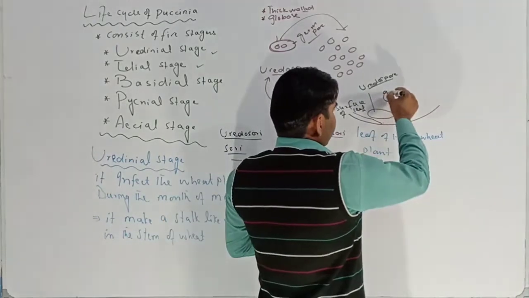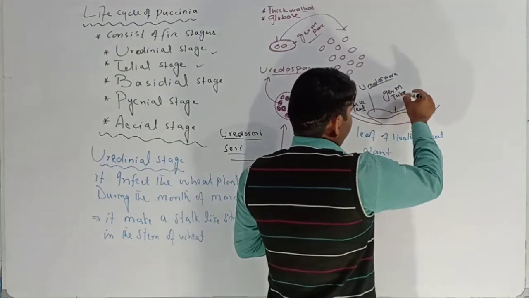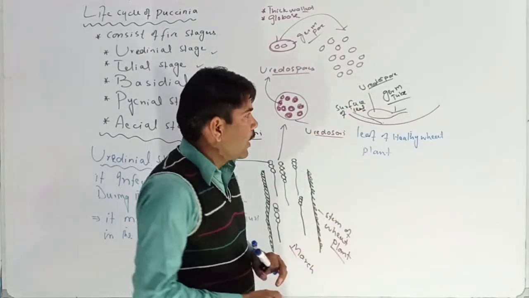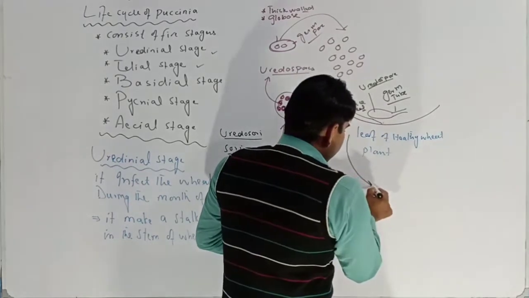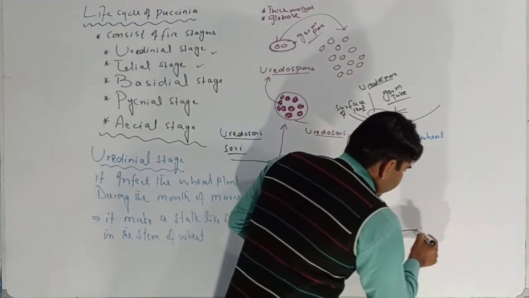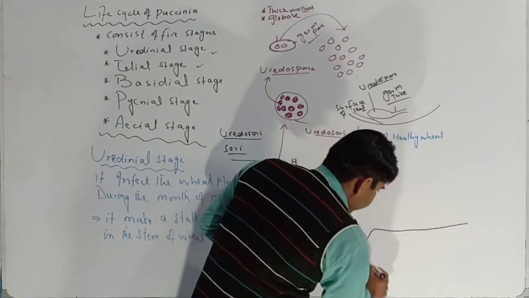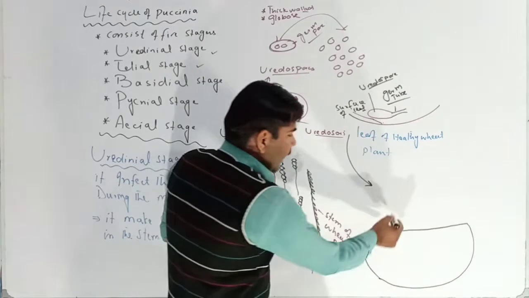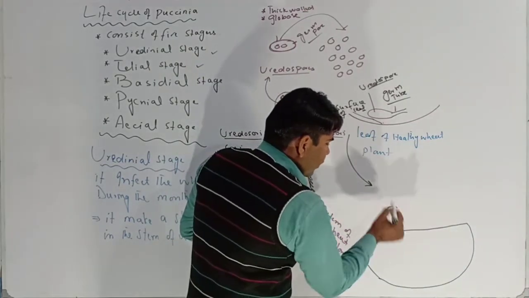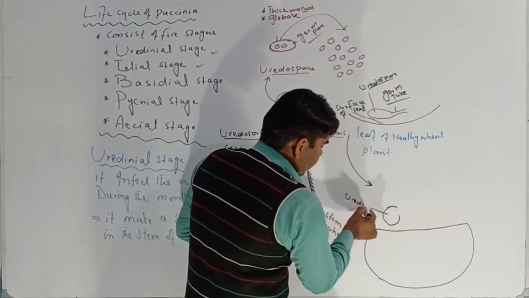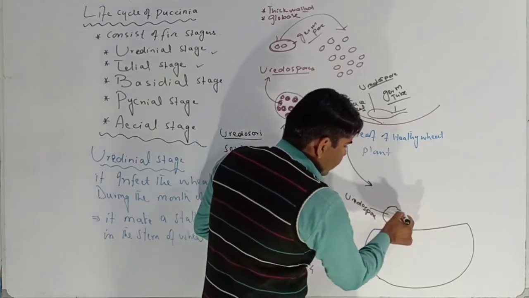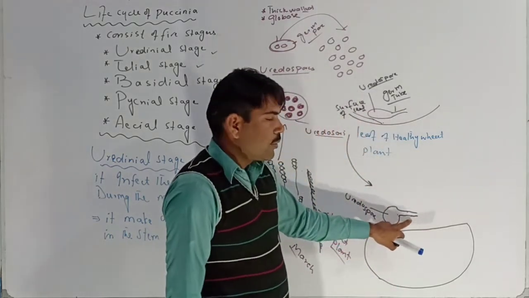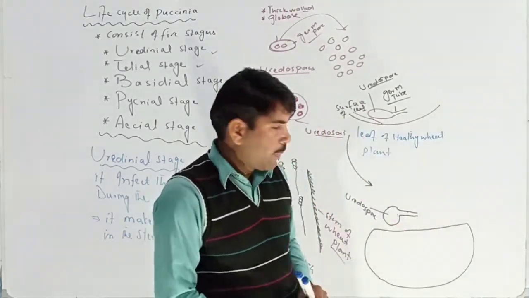This is a germ tube, formed from the urediniospore. For example, this one is the leaf surface, and this is the urediniospore. This is a germ tube, and keep in mind that the germ tube will increase in length.